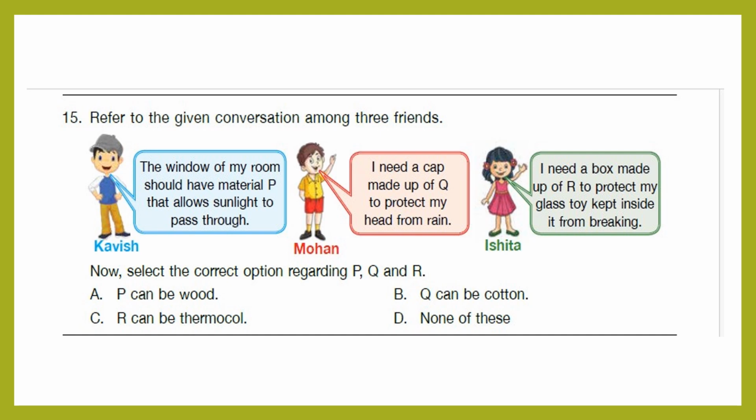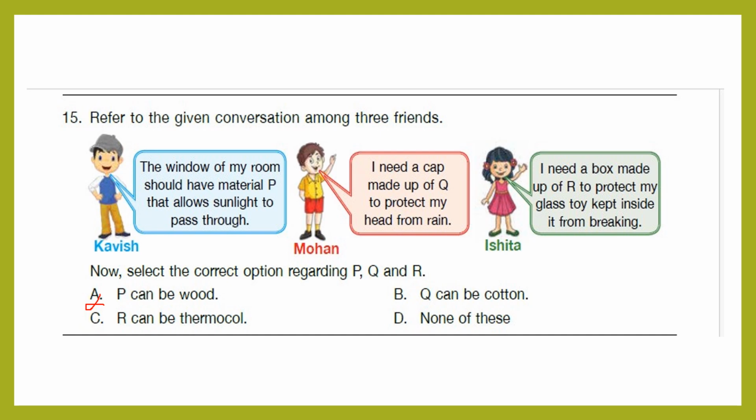Ishita said, I need a box made up of R to protect my glass toy kept inside it from breaking. Now select the correct option regarding P, Q and R. P can be wood, but wood cannot allow sunlight to pass through. So option A is incorrect.